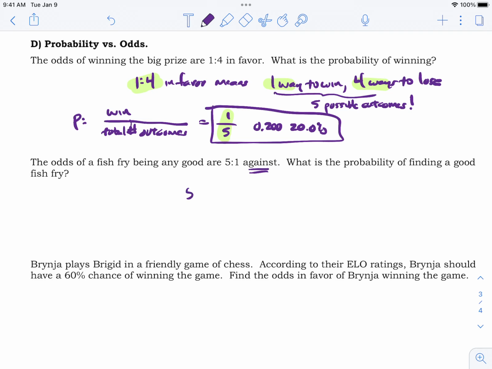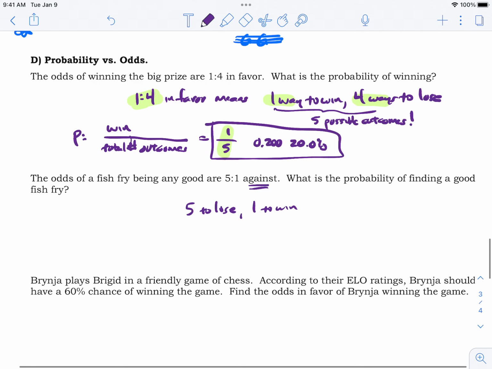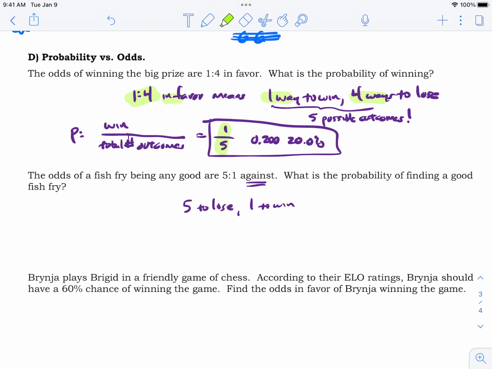So it's 5 ways to lose, actually, to not find a good fish fry, 1 to win, to find a fish fry. So that word against is kind of switching the lose and win around. So up here, in favor means 1 way in favor, 4 ways against. 5 to 1 against: 5 ways against, 1 way to win.